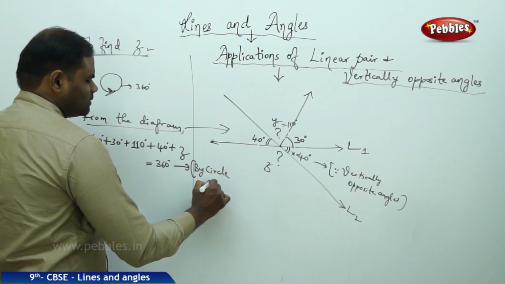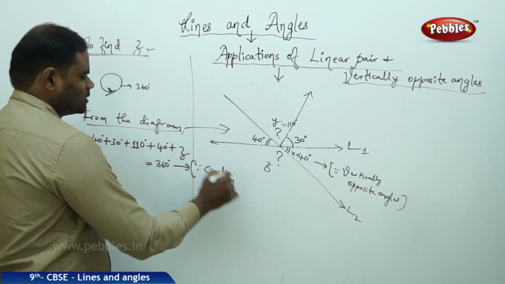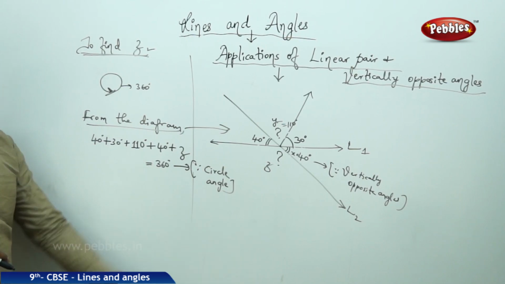By circle angle, since this is a circle angle, it must be equal to 360 degrees.